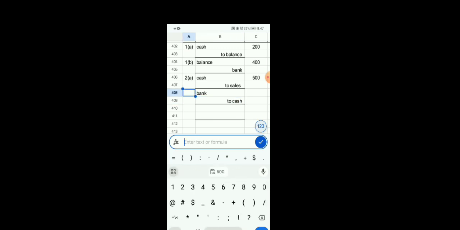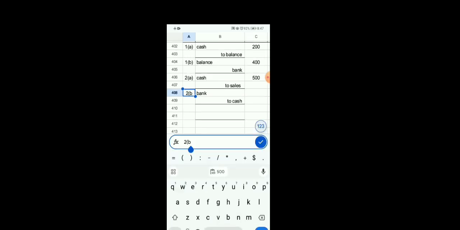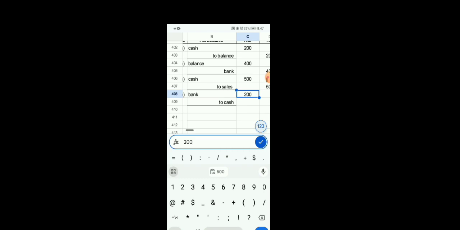It was 2B entry. So here you have mentioned the date, B entry. And now how much cash has been deposited into the bank? In 2B you can see it's 200. So 200 would be written over here. What third meaning are we getting? The cash you have received was 500.